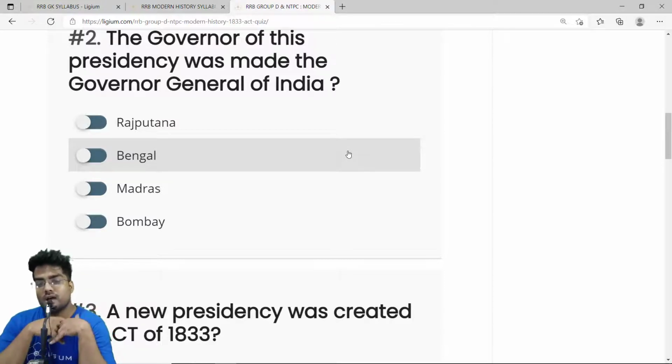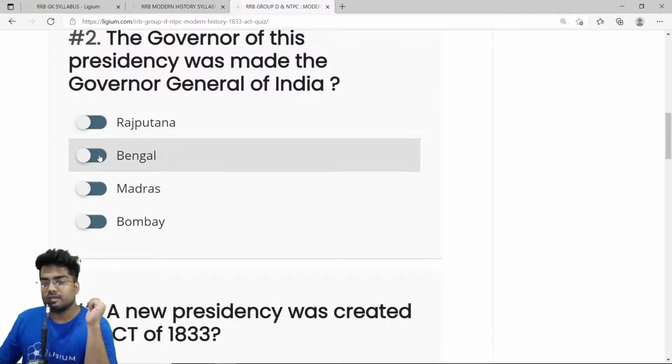The governor of this presidency was made the Governor General of India. The Bengal province at this time was very important, very rich, and the most powerful of all the presidencies. We have the Bombay presidency and the Madras presidency. That is why Bengal was made the presidency where the governor would also be the Governor General of the whole of India. This is quite remarkable.